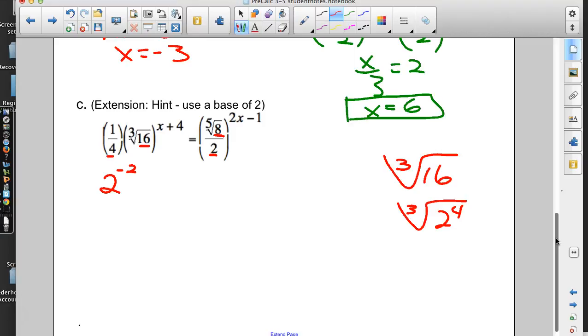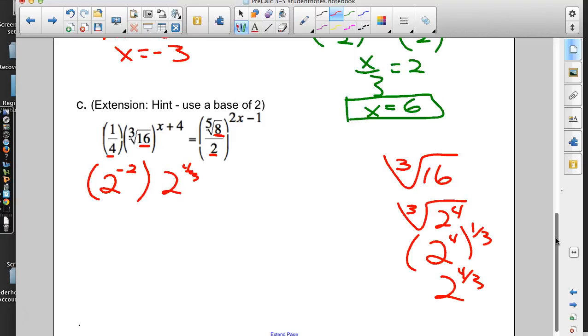What's a cube root do as a power? 1/3. So that's going to be a little awkward because that'll be 2 to the 4/3 power. But it's okay. We'll deal with that.